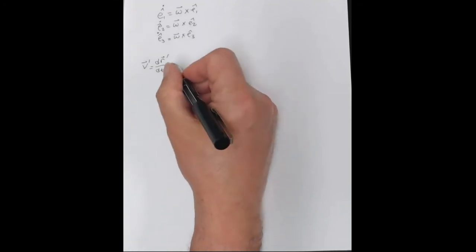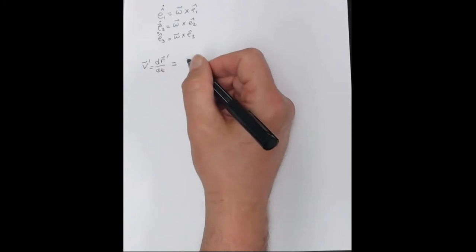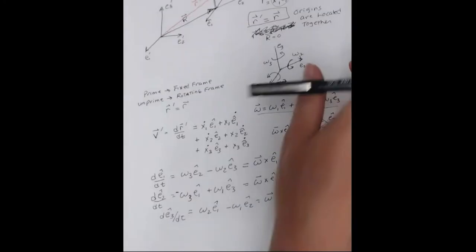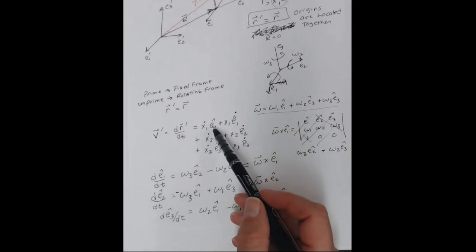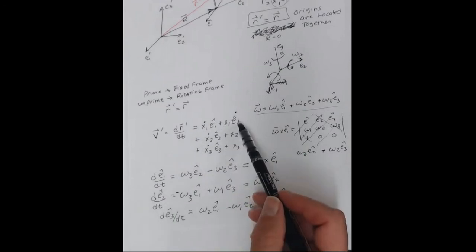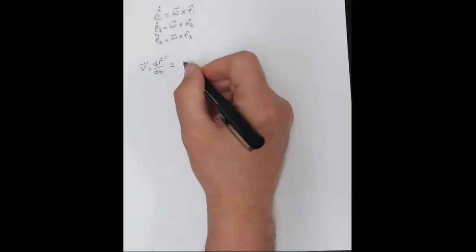Going back to our velocity here, I'm going to rewrite it with everything. I'm going to write everything with E1 hat, E2 hat, E3 hat together, and then everything with E1 hat dot, E2 hat dot, E3 hat dot, the derivatives of those unit vectors. I'll write those together.